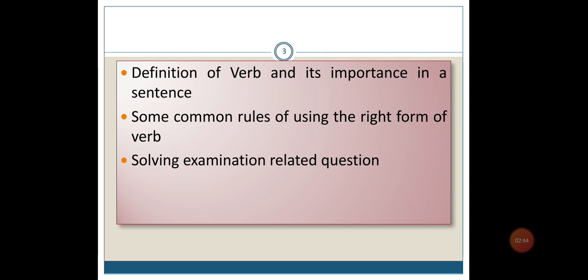Dear students, before discussing the rules of using the right form of verb, we need to know what a verb is, or the definition of verb and its importance in a sentence. Let's have a look at the next slide.